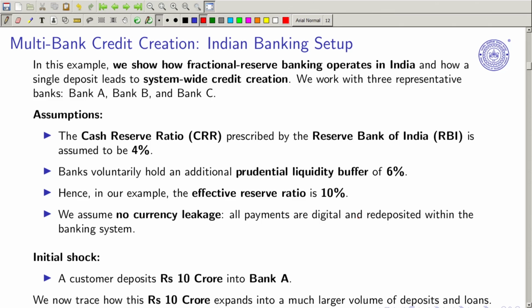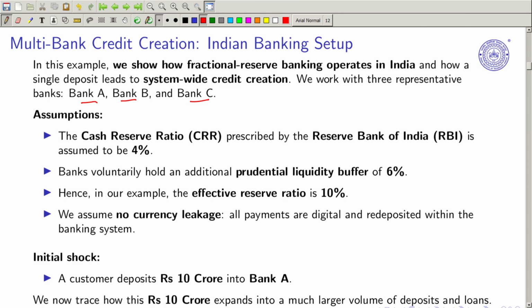Now let's get into the skin of the game that we have planned for credit creation. Suppose we are trying to see how the fractional reserve banking system operates in India and how it leads to credit creation. We have assumed there are 3 banks: Bank A, Bank B, and Bank C. What is the assumption here?